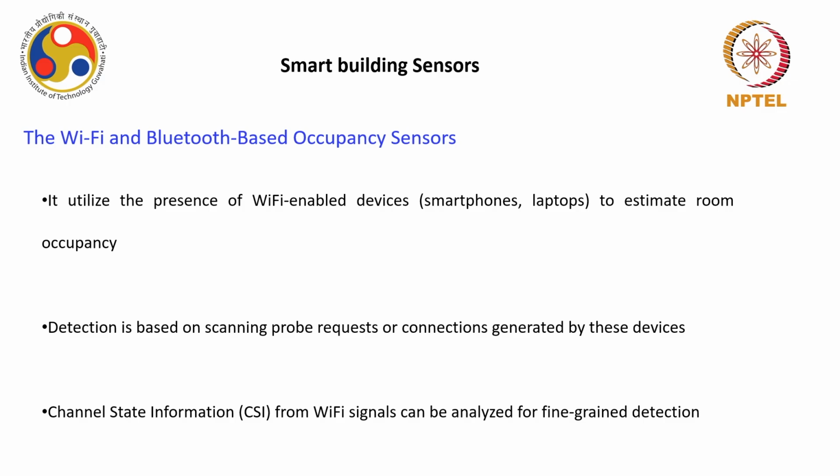The Wi-Fi and Bluetooth based occupancy sensor utilizes the presence of Wi-Fi enabled devices like smartphones and laptops with the occupant to estimate the room occupancy. Detection is based on scanning probe requests or connections generated by these personal devices that the occupant possesses. The channel state information, CSI, from the Wi-Fi signals can be analyzed for fine grained detection of particular occupants.